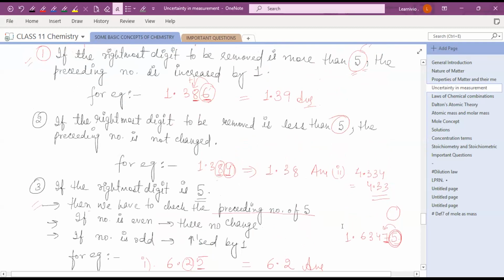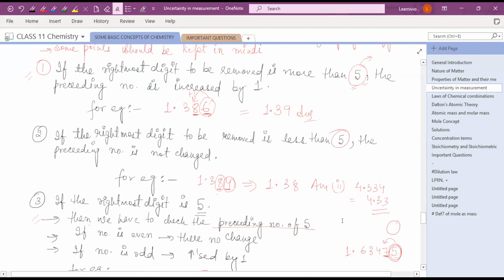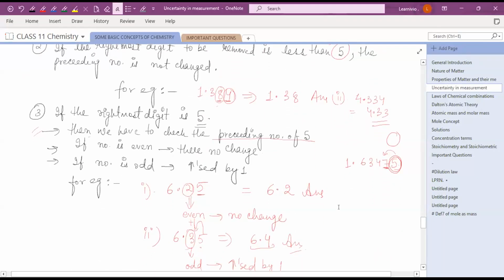Can you repeat the question in detail, ma'am? I was asking what is written after the arrow. If the number is odd, after the arrow, this is increased by 1.